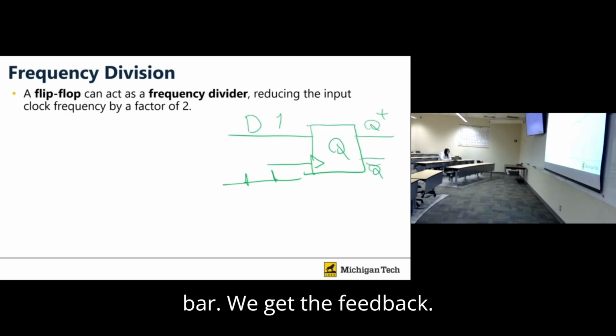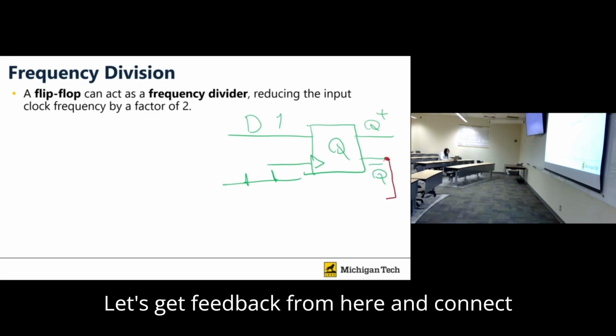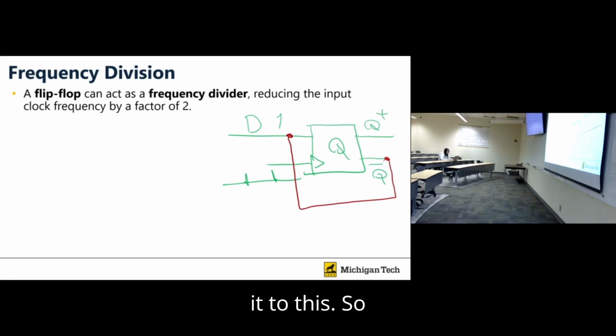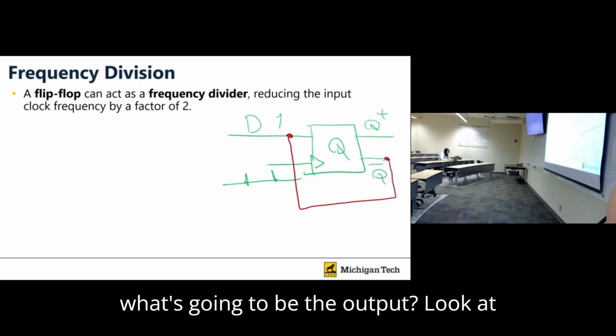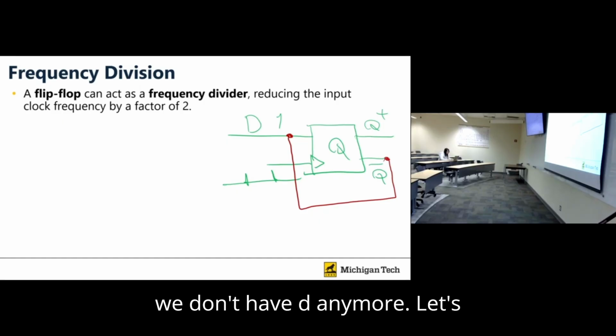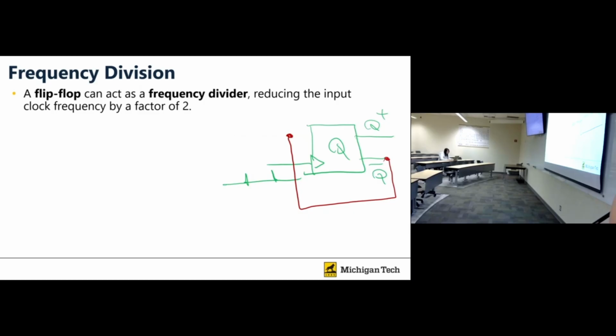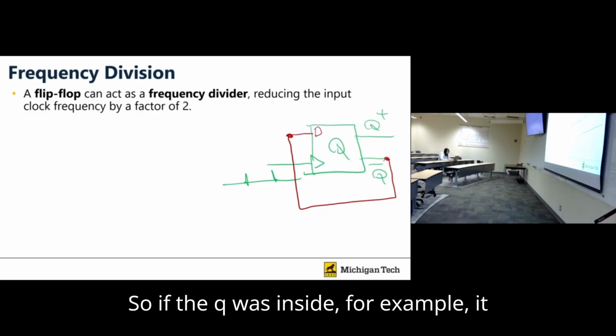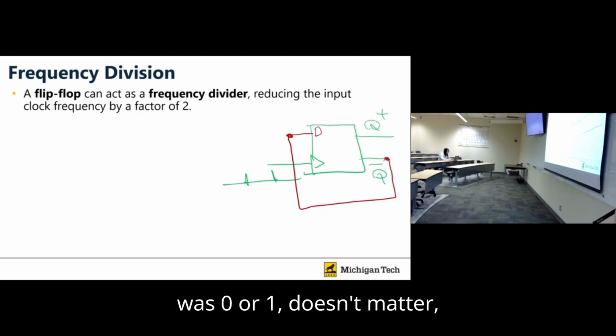We get feedback from here and connect it to D. So what's going to be the output? If Q was inside, for example 0 or 1, it doesn't matter.